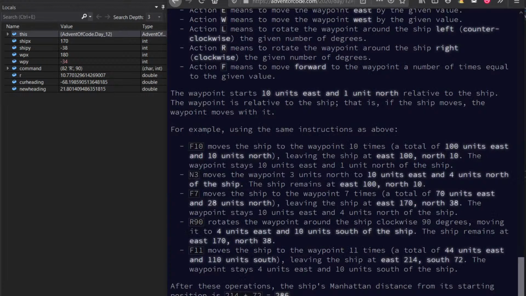We're actually the exact opposite of that. We are 10 units east and 4 units south.